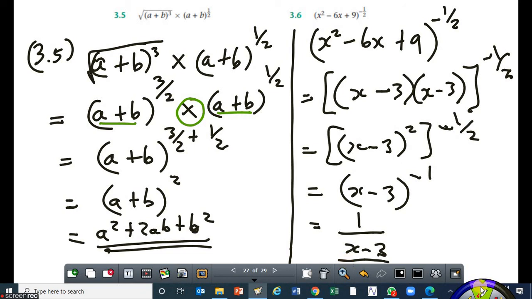Remember, x to the power of minus n is equal to 1 over x to the n, where the x there is equivalent to the x minus 3. The base is a binomial. You following? Alright, so I'll stop there.